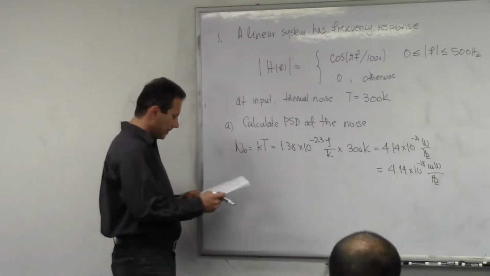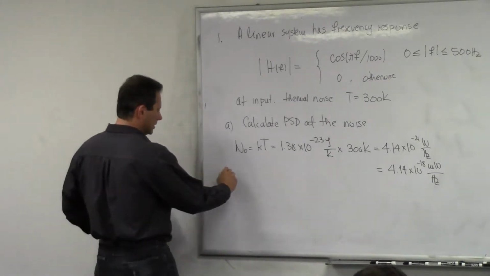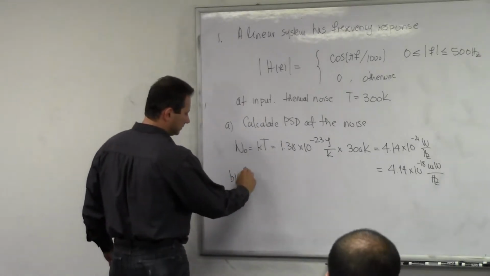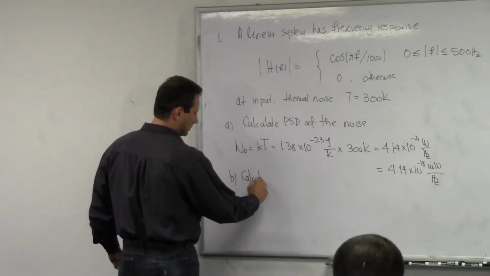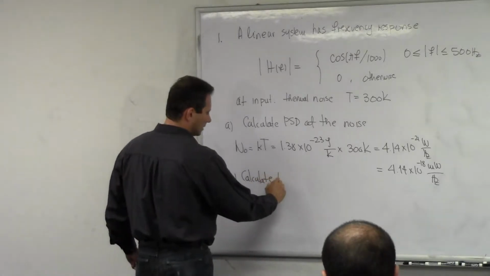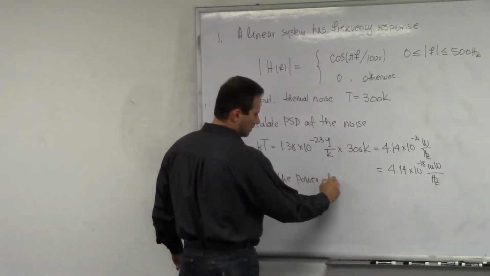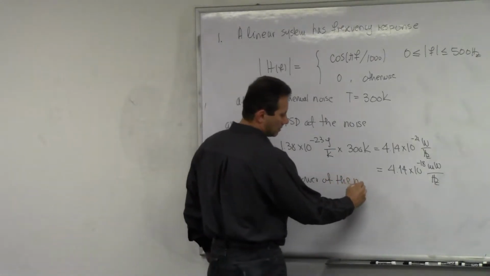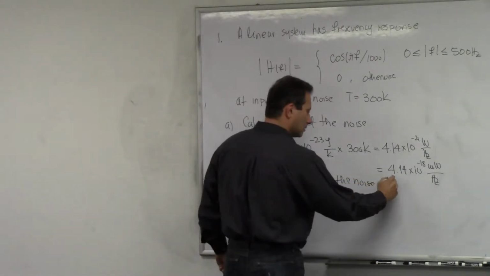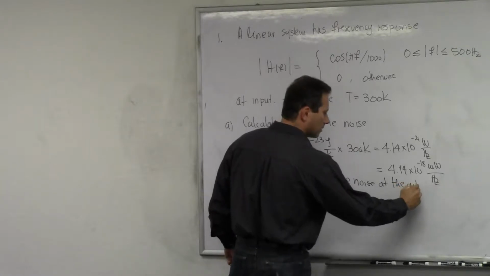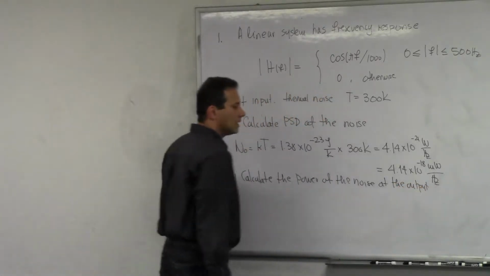Part B: calculate the power of the noise at the output of the system. Now, how do I do that?